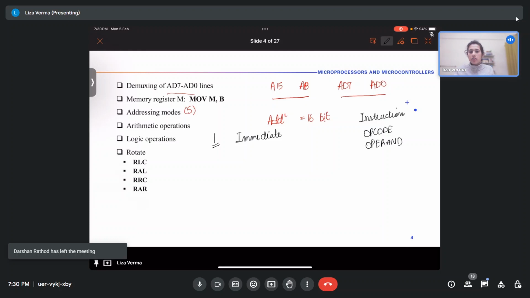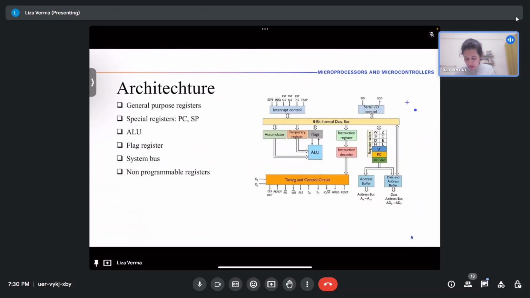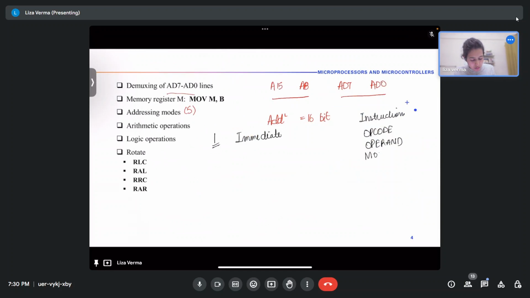For example, take the instruction MOV B. In this instruction, MOV is the opcode and these are the operands. The opcode tells the microprocessor what operation is to be done, and the operands indicate what data that operation has to be done on. In immediate addressing mode, the operand is always the data.